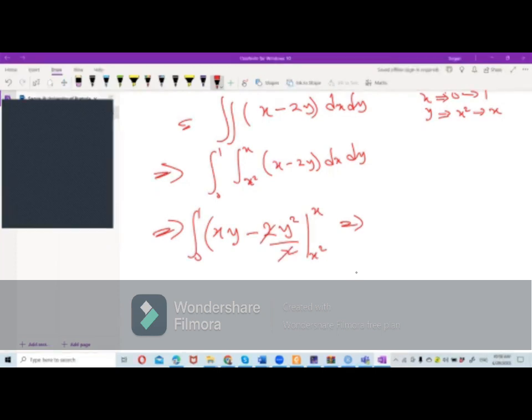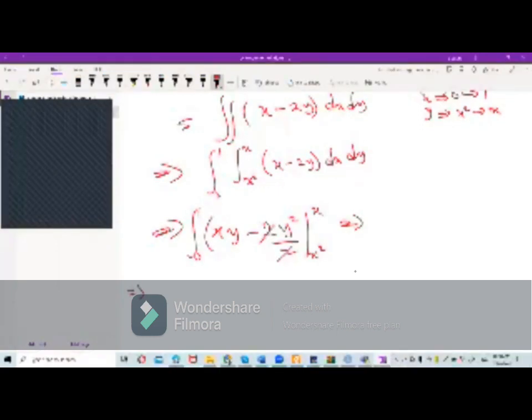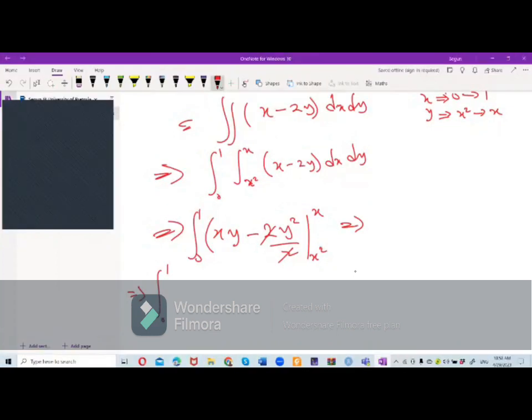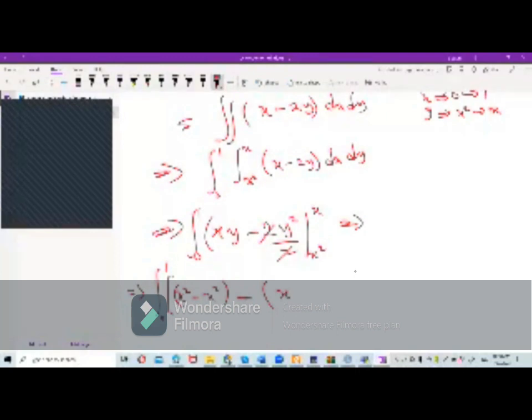Remember that in this case it will be upper limit minus lower limit. Anywhere you see y, substitute x there. I have x squared minus x squared. That's the first one. Minus lower limit, which is x cubed minus x to the power 4.